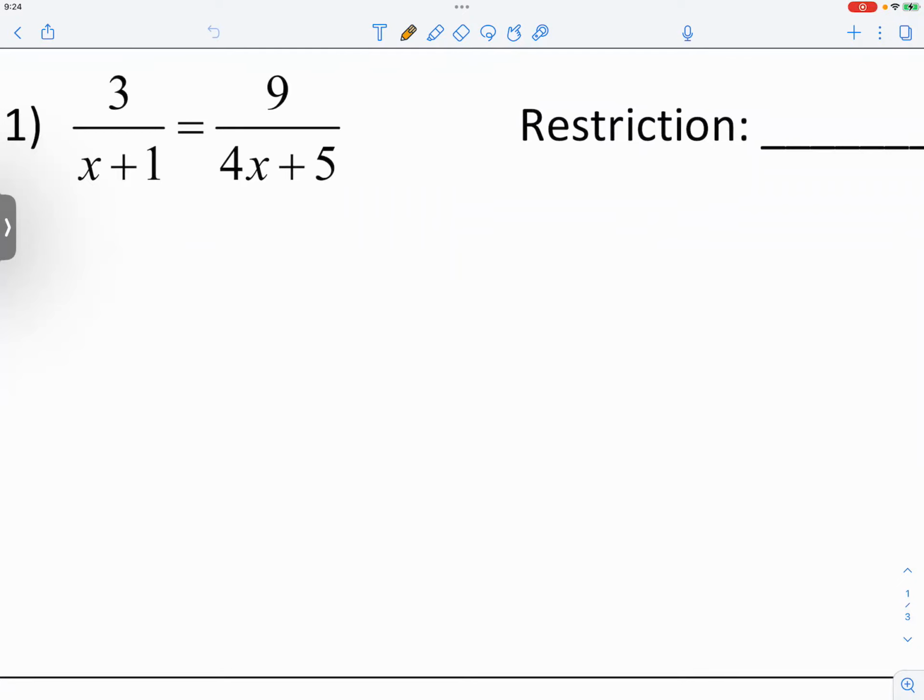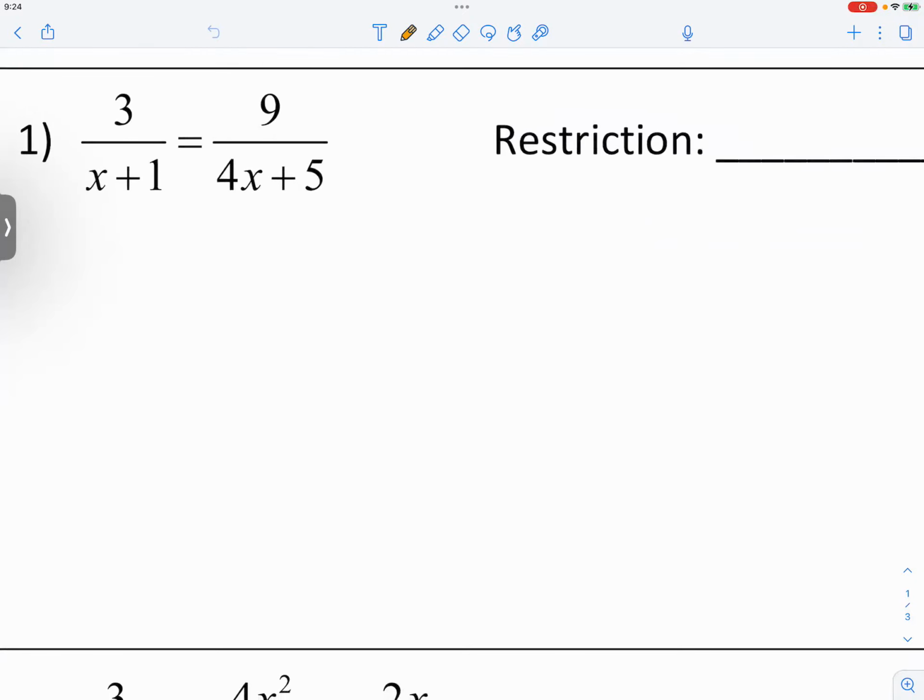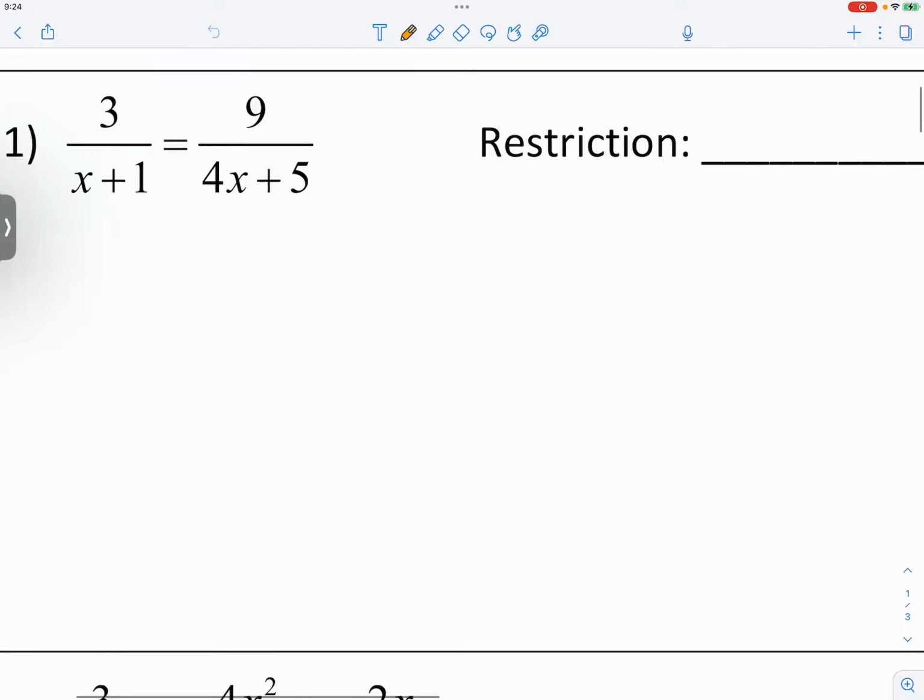Okay, now let's go ahead and start with the restrictions. What are the restrictions? X cannot be what? X cannot be -1. Okay. Hope you still remember why we have restrictions, because of the possibility of having a 0 in the denominator.